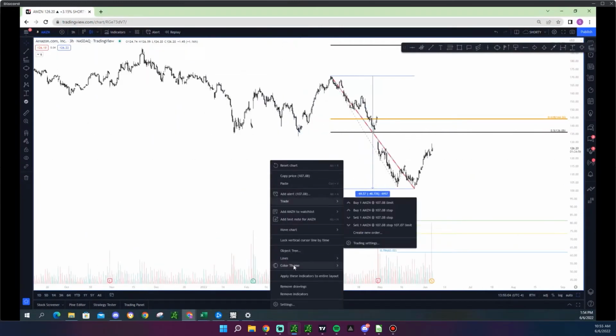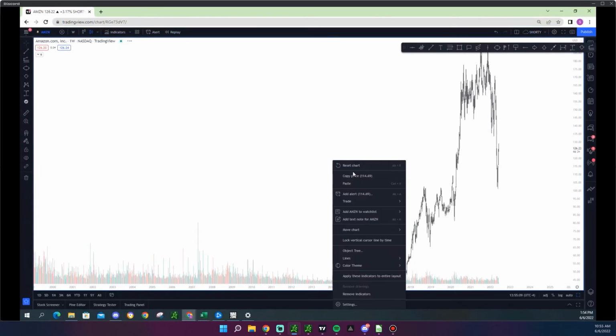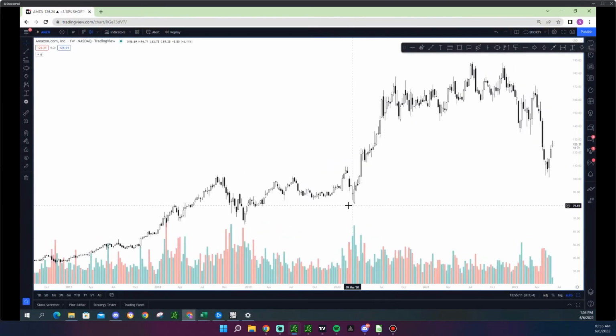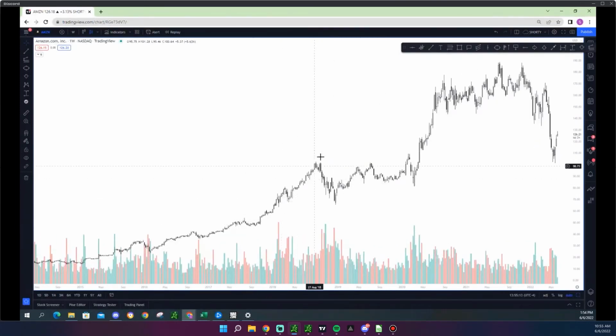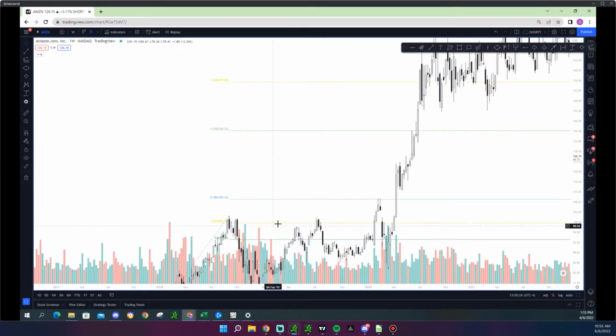And you can do the same for long or short. So if I go back and look at weeklies, I can say let's replicate this move starting from here. So now if I look at these levels, there's my 61.8.